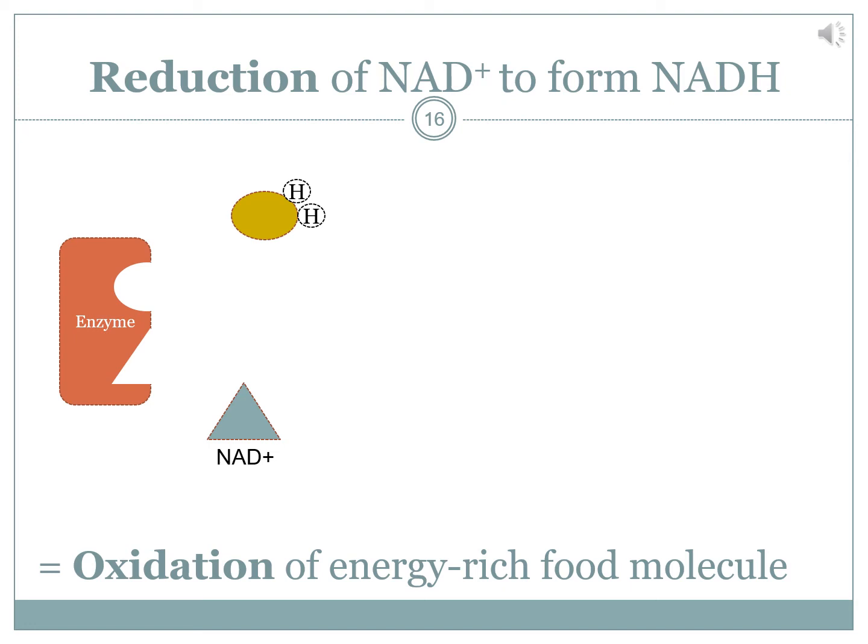After the food molecule or substrate and the NAD+ bind to the enzyme, there is a transfer of 2 electrons and 1 proton from the food molecule to the NAD+, converting it into NADH. After that, both the food molecule, what is left of it, and the NADH are released.